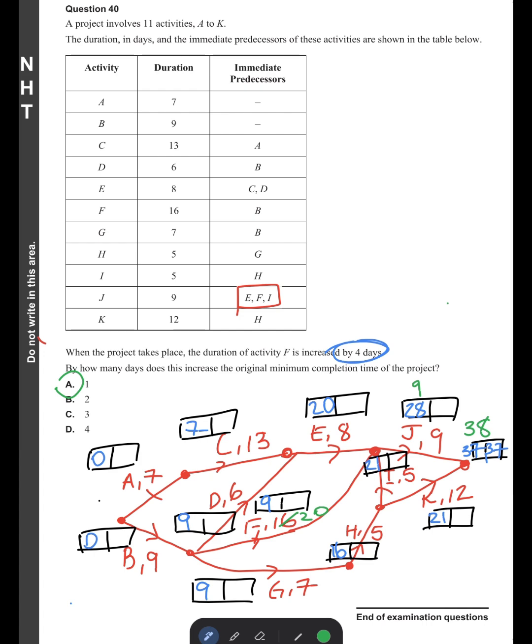Okay, now if you did the whole thing and we worked backwards, we would say, well, that's going to be 25. That's going to be 28. 28 minus 5 is 23. 23 minus 5 is 18.